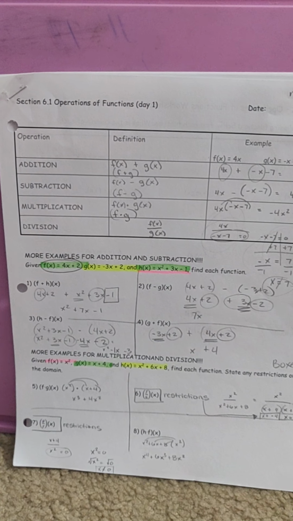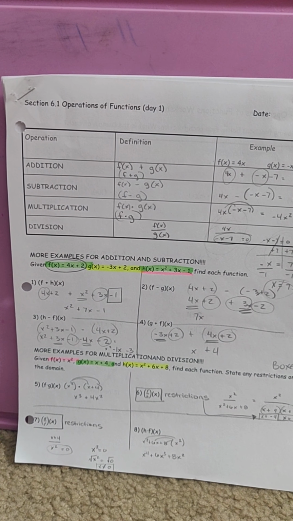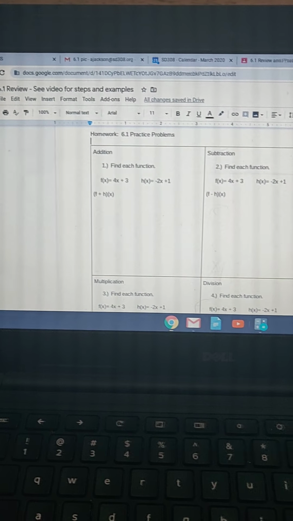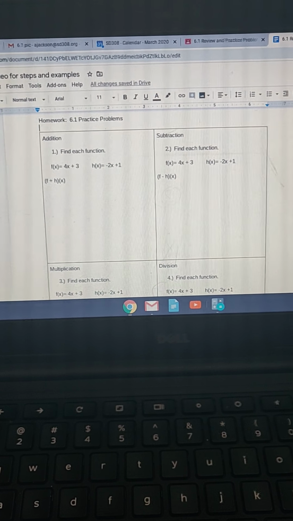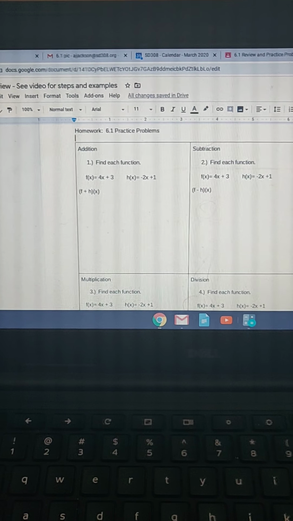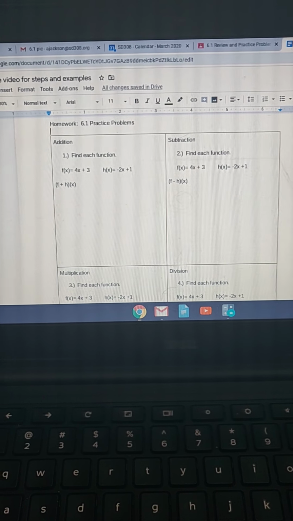Just remember, you've got to submit these problems to Mrs. Bayer and me through our Google Classroom. When you have the homework problems finished, you can either write them on a separate sheet of paper or print this out and take a picture of it, and you can submit it to us.